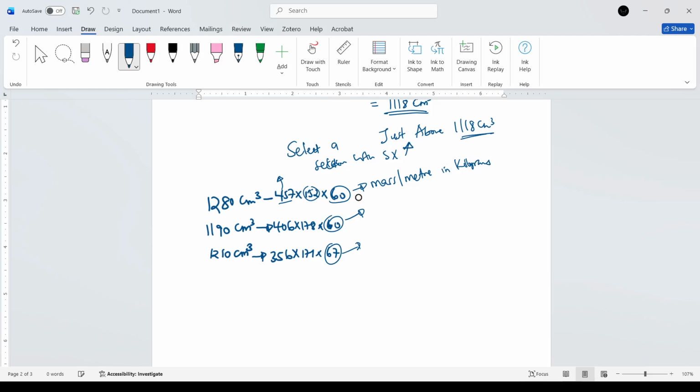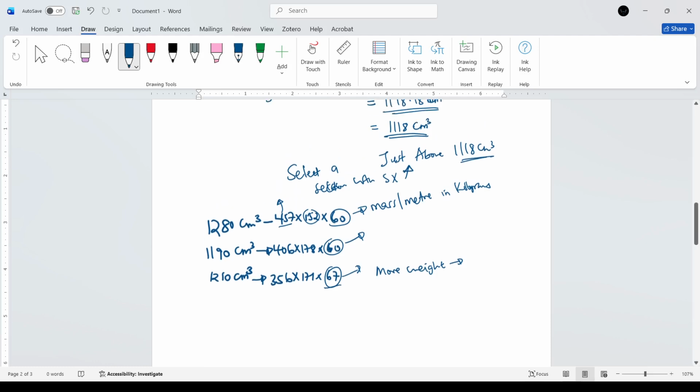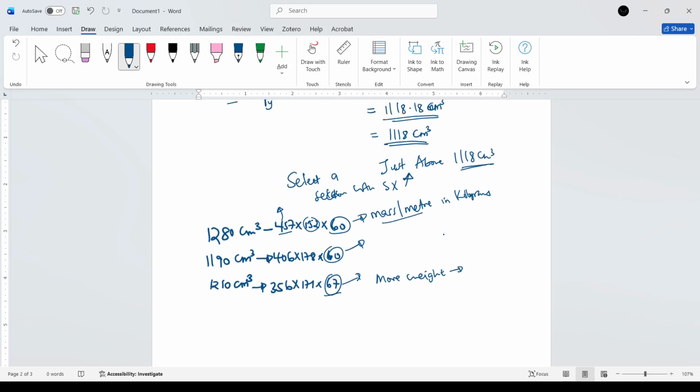So what does it mean? 67 will have more weight. This is heavy. Because it's mass per meter, if you have 10 meters, this will be 70 kilograms weightier, and yet pia ina supply almost the same strength.